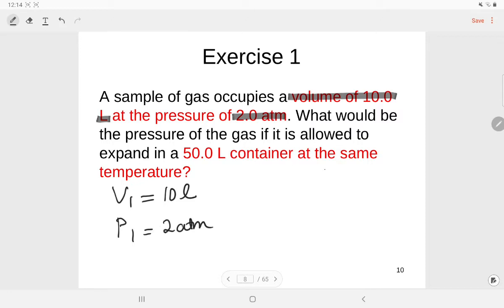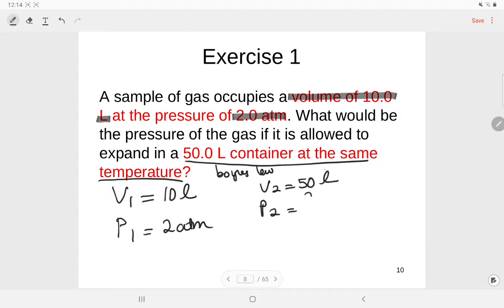The next question: what would be the pressure of the gas if it is allowed to expand into a 50-liter container at the same temperature? Same temperature means we are applying Boyle's law. So we write down V2 is 50 liters and we are looking for P2.